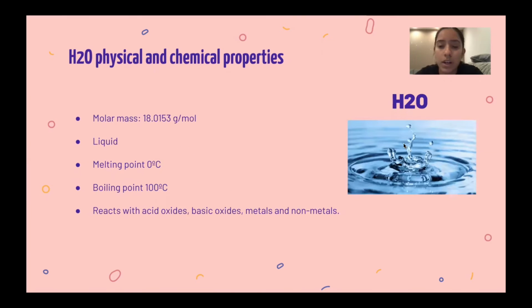The physical and chemical properties of water: its molar mass is 18.053 grams per mole, and it's a liquid. Its melting point is 0 Celsius. Its boiling point is 100 Celsius, and it reacts with acid oxides, basic oxides, metals, and non-metals.